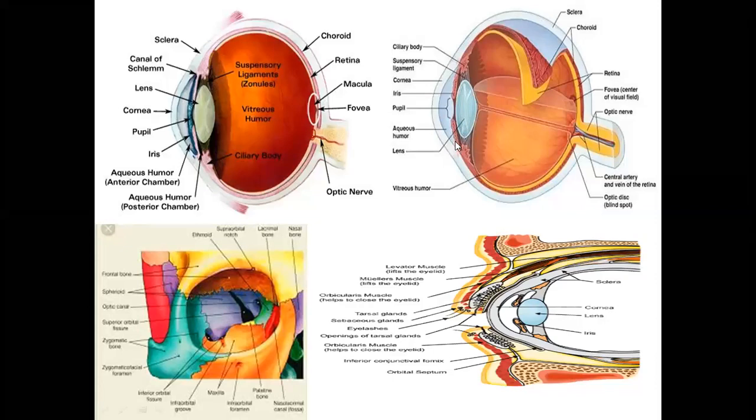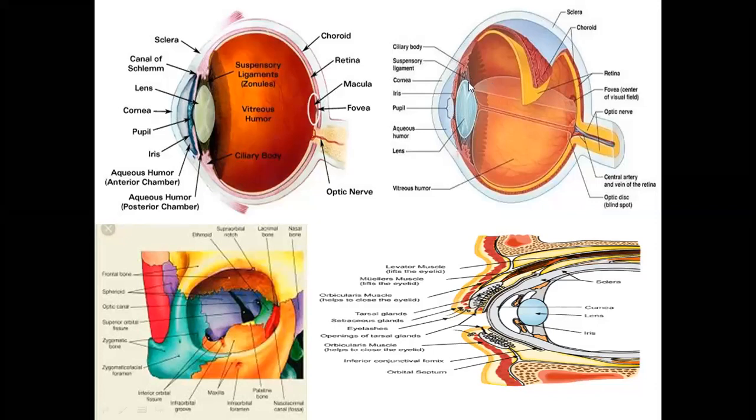The parasympathetic causes miosis, a narrowing of the pupil, and the sympathetic causes the dilatation of the pupil and causes mydriasis. So this is about the pupil, how it becomes small and how it becomes large, how it becomes dilated.